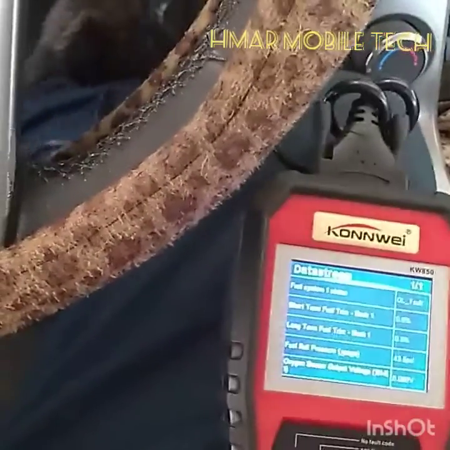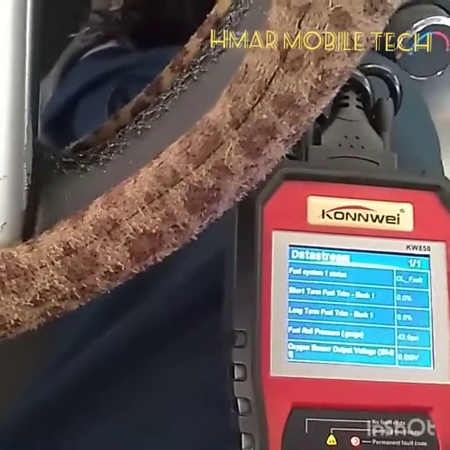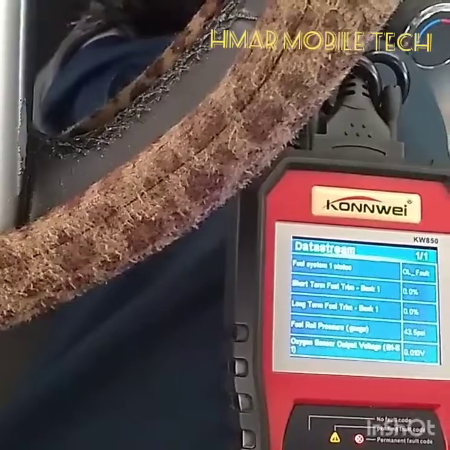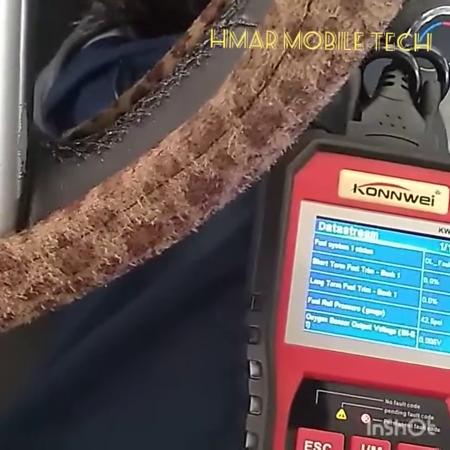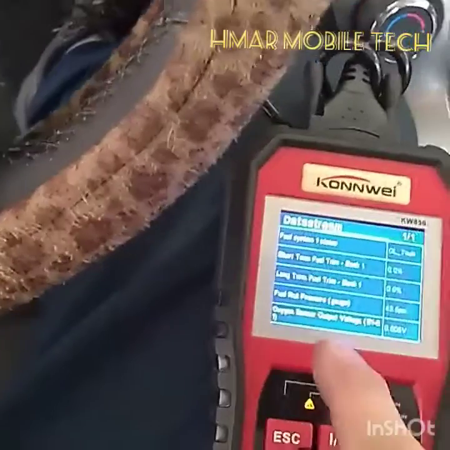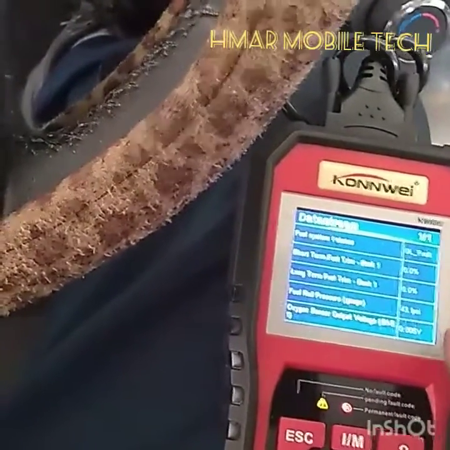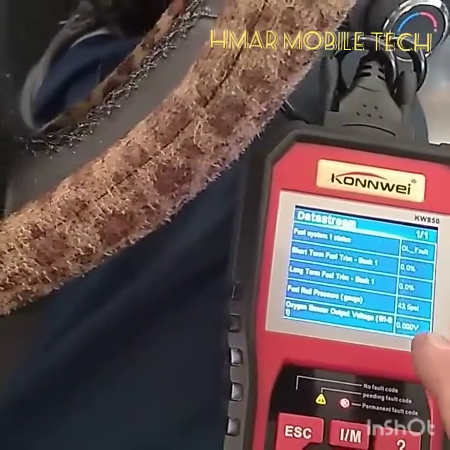Okay, so it looks like, see where it says fuel system, it says out of limits fault. So we need to see CL for closed loop.